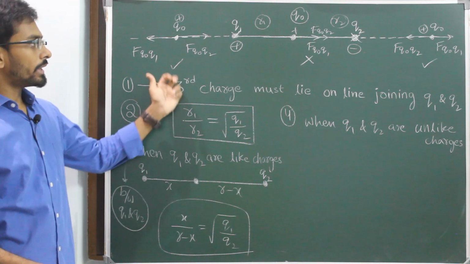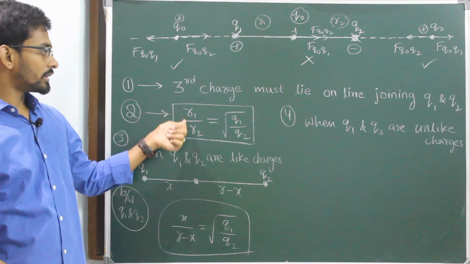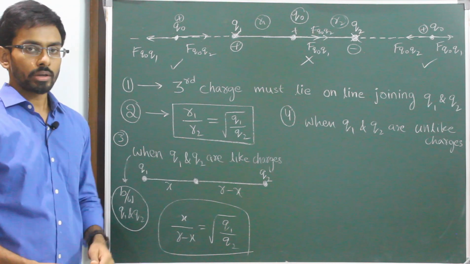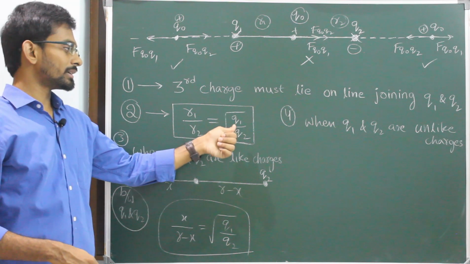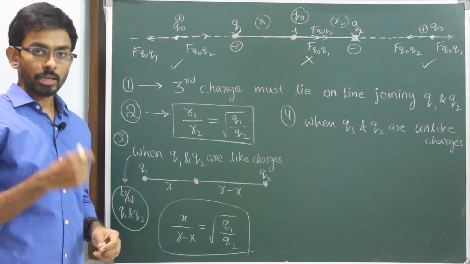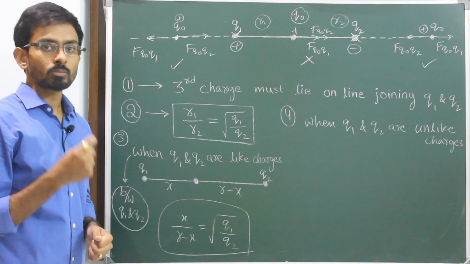So now, to check where the equilibrium is possible, let us go for another condition, that is, the ratio of distances has to be under root of q1 by q2. Now if q1 is larger than q2, r1 has to be greater than r2. It implies the equilibrium position will be closer to the smaller charge.